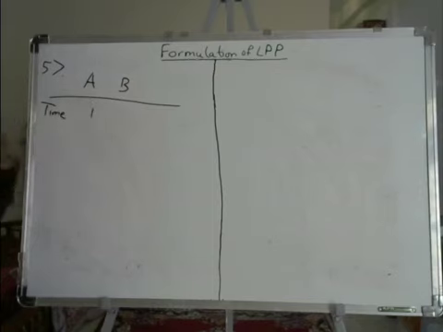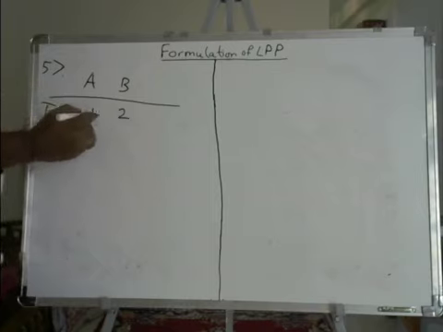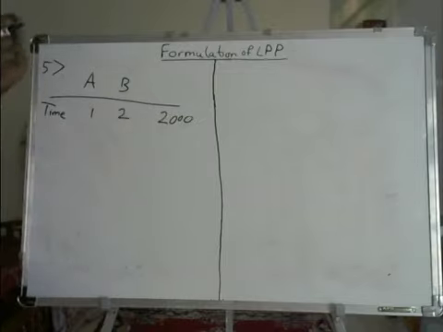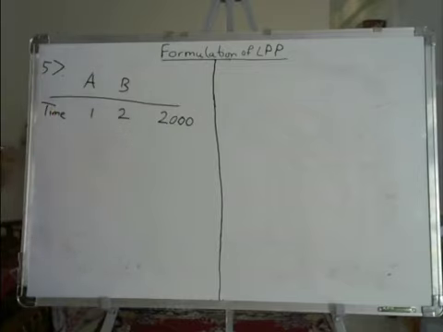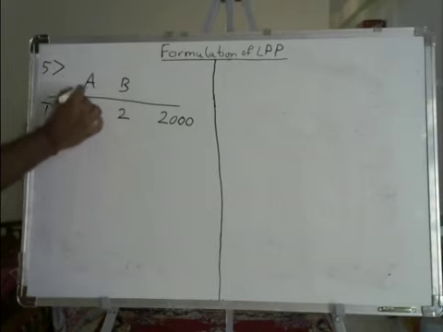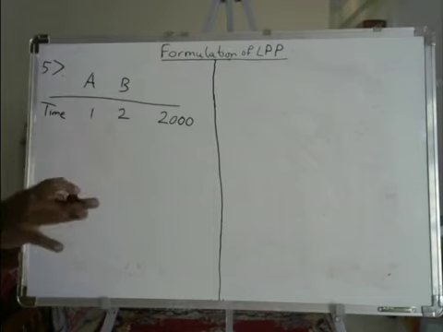So if A takes 1 minute, B takes twice that of A, that is 2. Now if only A is produced, how much quantity of A can they produce? They can produce 2000 quantities of A if they are producing only A. Let me solve this for you to get a clear interpretation.